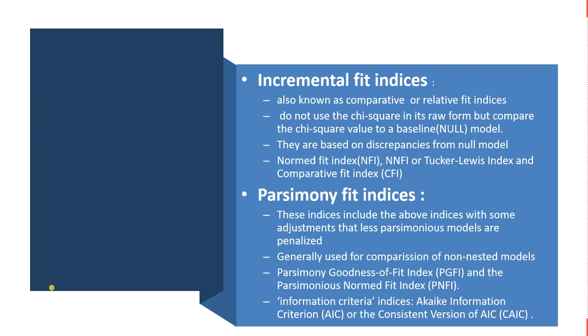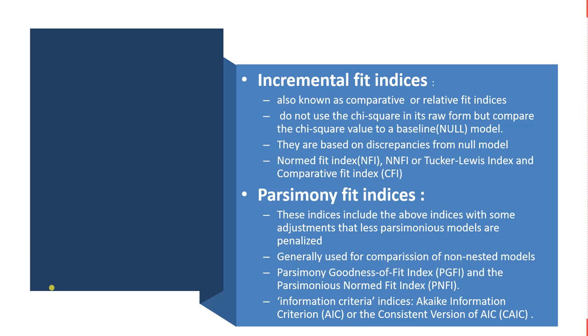And the final, third category of model fit indices is called parsimony fit indices. These indices are basically based on the previous indices. They include the above indices, but with some adjustment in a way that less parsimonious models are penalized.